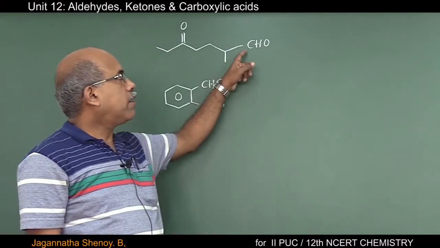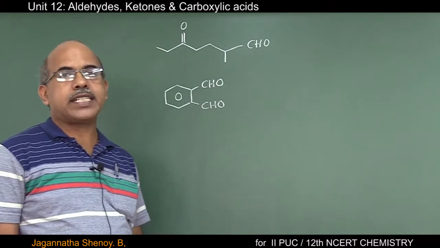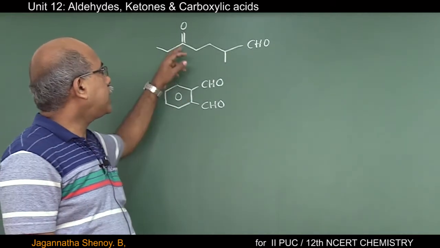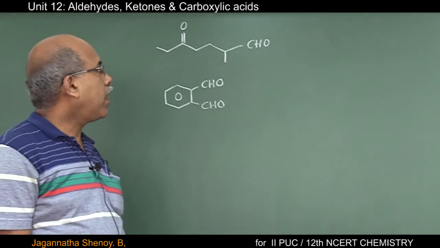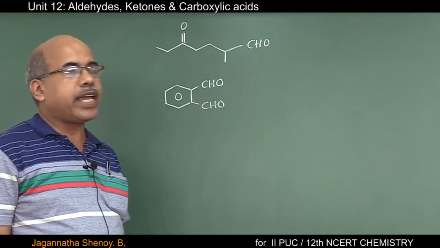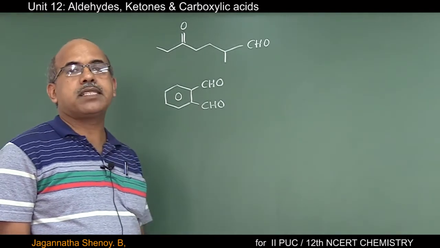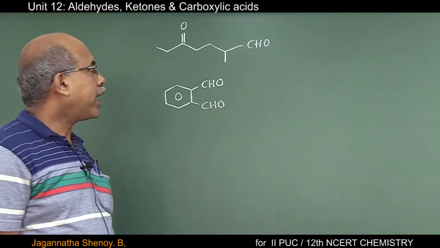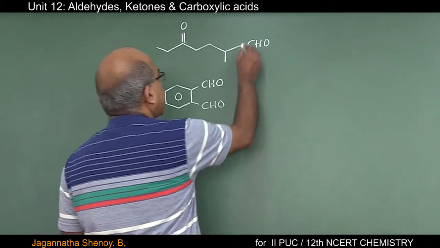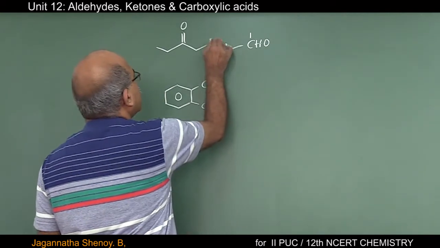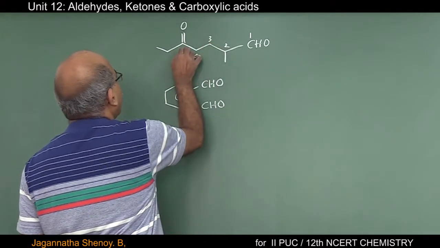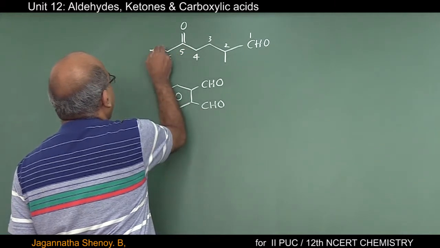In other words, for CHO we provide a secondary suffix, whereas for C double bond O we provide a prefix. While numbering this carbon chain, ensure that the principal functional group CHO gets the lowest number. In other words, I start numbering like this. This is 1, 2, 3, 4, 5, 6 and 7.